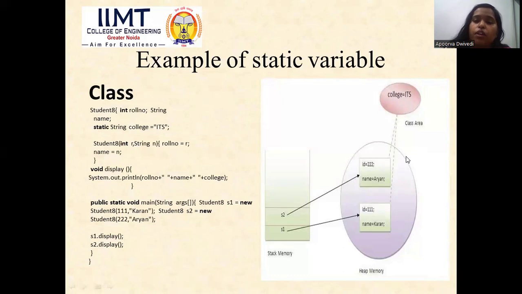This member variable is shared with all. If we make any change in ITS, it will change for all the objects, not for a single person. But if we change the ID of this particular person, it will not affect the value of ID of S1.